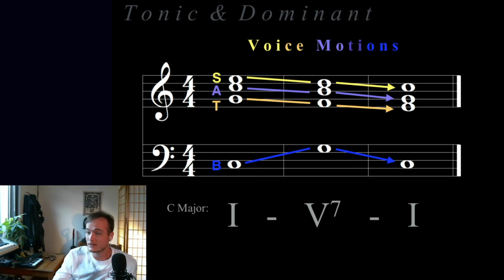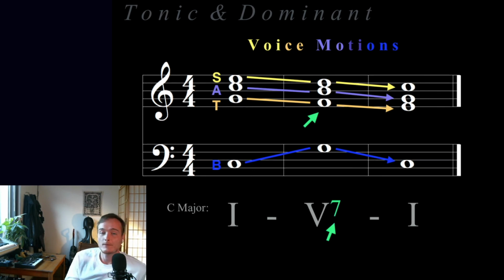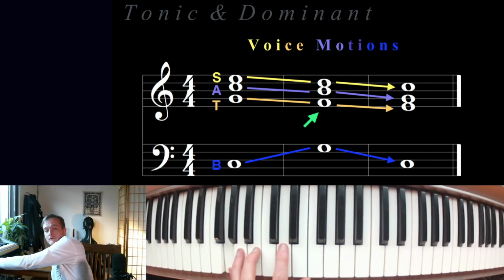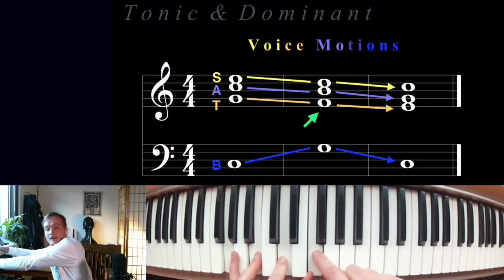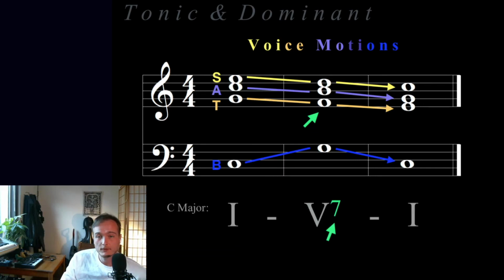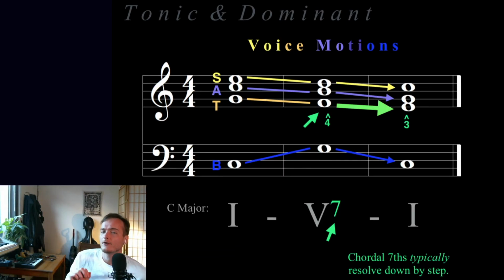And what's the typical expectation for that motion? Well, it's for scale degree 4, which is the 7th above the 5 chord. If we look at the G chord, the 5 chord, 5, 7, 2, 4 in C major, that's scale degree 4, right? F. So we're expecting that scale degree 4 to resolve down by step, usually, to scale degree 3.